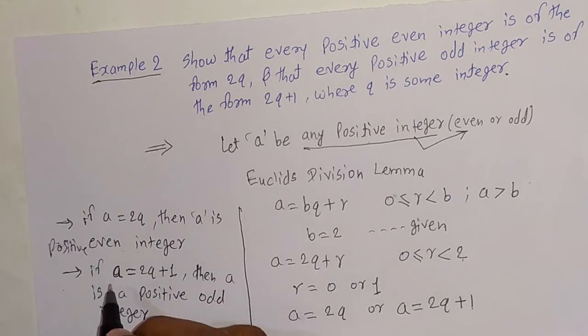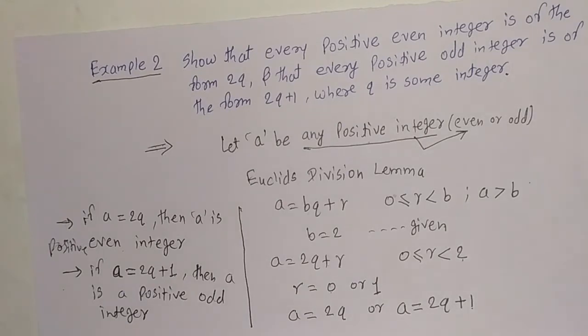If we add 1 to the value 2q, then it will obviously be an odd number. If you add 1 to any even number, then it will be an odd number. If we add 1 to 4, 4 plus 1, 5.